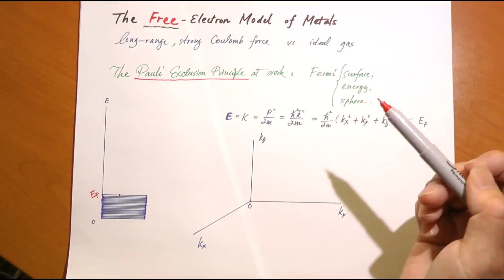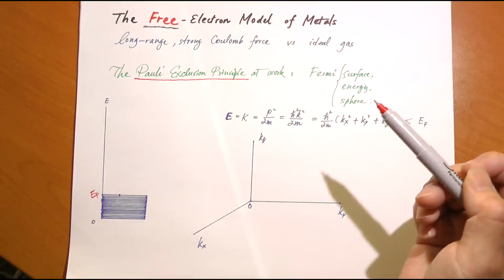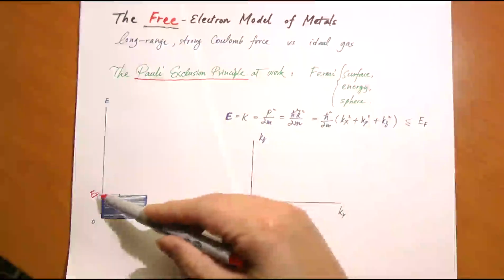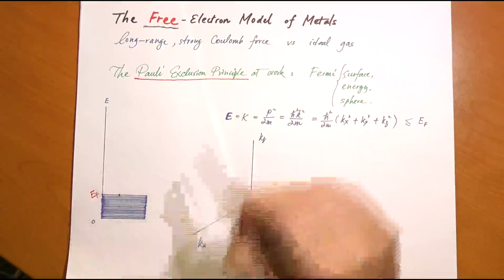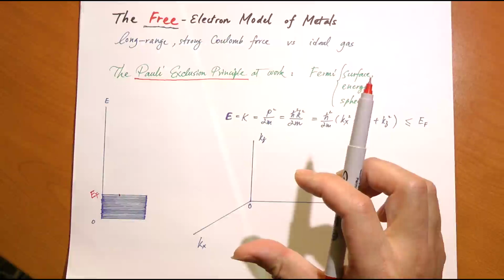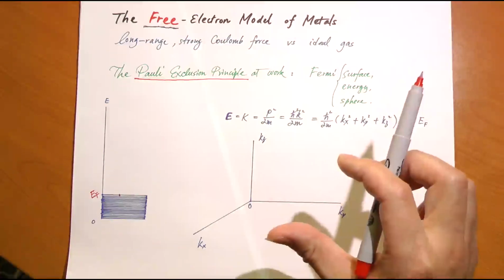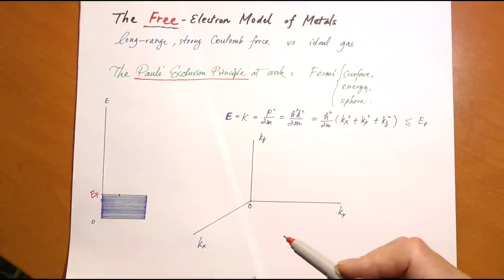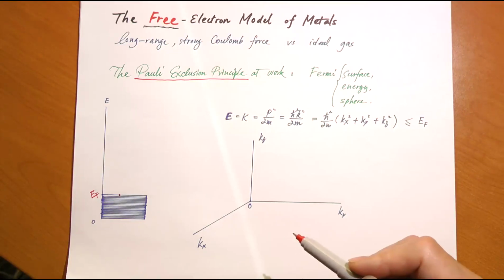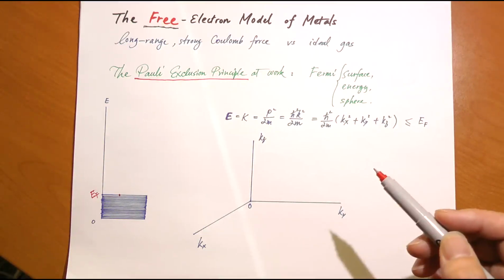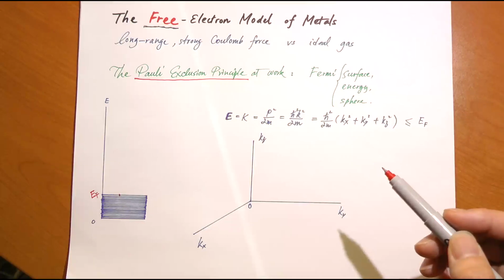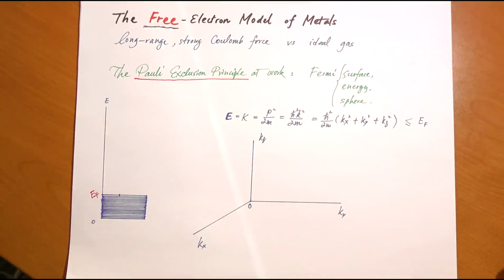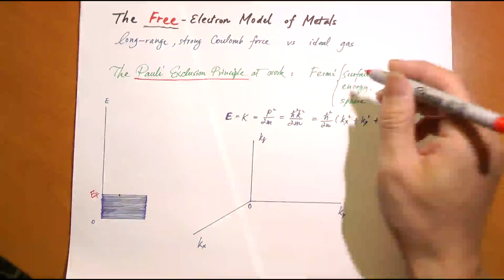So in momentum space, what kind of momentum vector will a particle with Fermi energy have? The direction is random, but the magnitude of that k vector must be fixed because it depends on EF. So imagine you have a case where the direction is random and the magnitude is fixed. What kind of surface would that be? That would be a sphere, right? So we call it a Fermi sphere, or more generally, a Fermi surface.